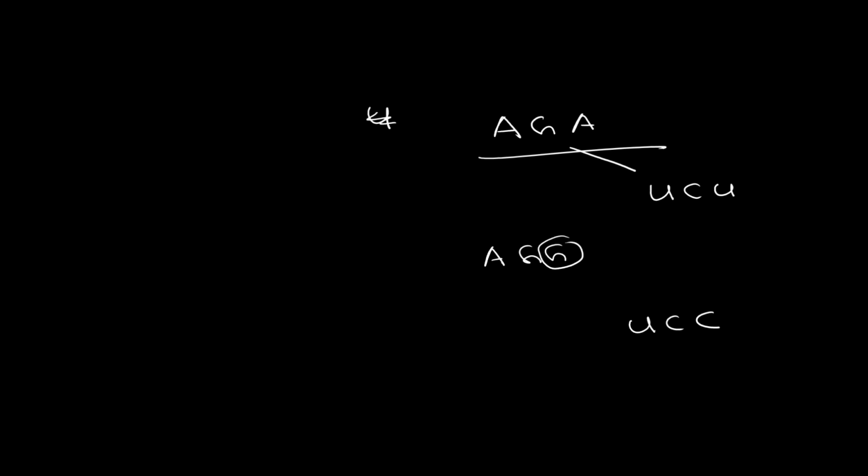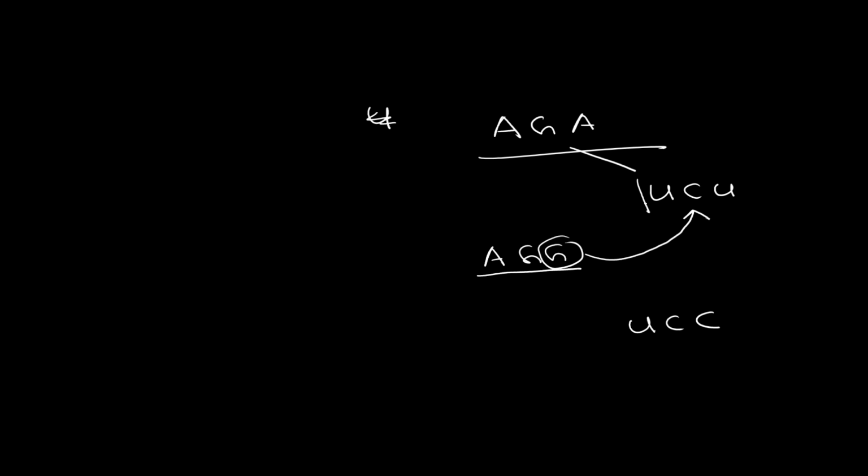However, this is not seen in tRNA molecules. They tend to be not very specific about the third nucleotide. They tend to be a bit mischievous about that. So AGG can bind to UCU as well.